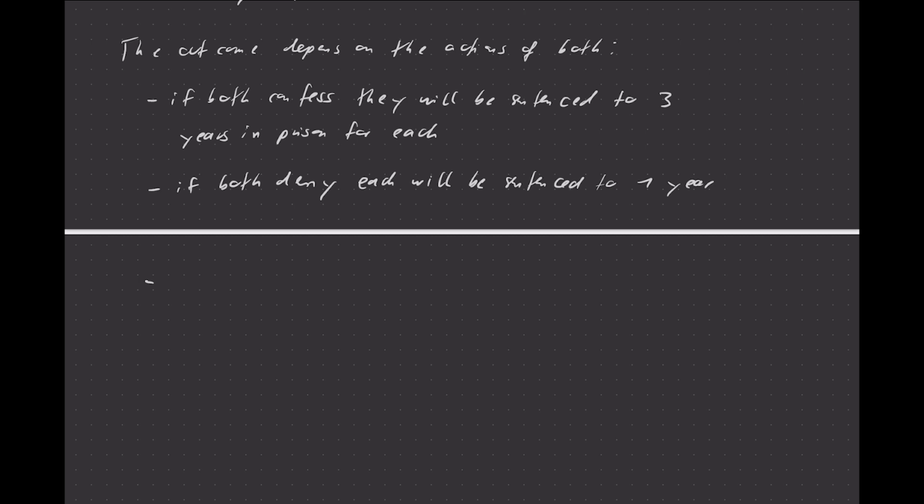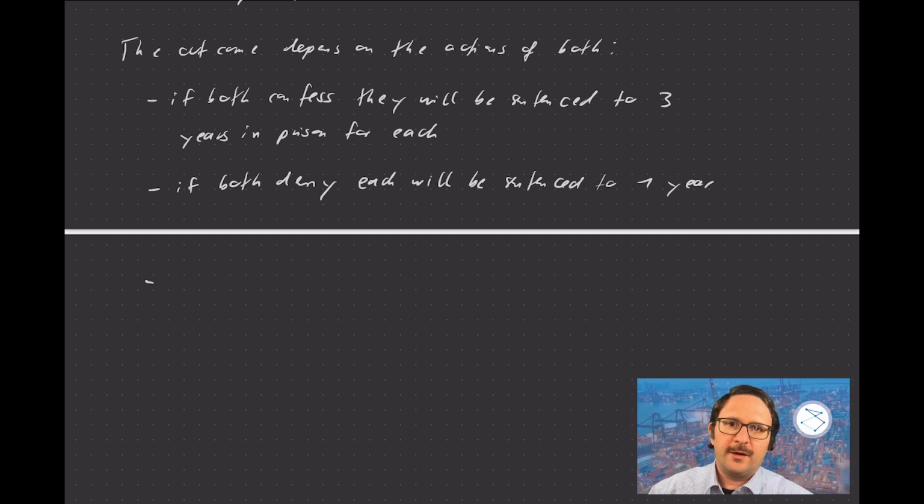And finally, the third option is one of the prisoners could choose to confess, while the other will deny. Now that happens, the one who confesses will try to put all the blame on the one who denies, and the police will be able to use him or her as a witness against his partner in crime.